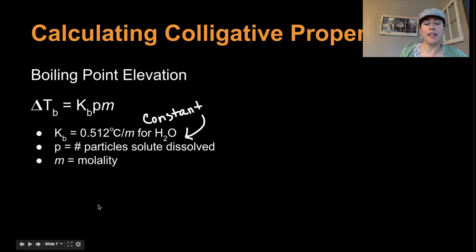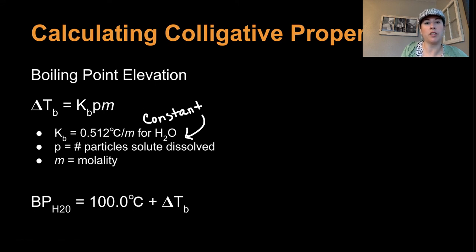And then molality, and so that's going to be our moles of solute per kilograms of solvent. And finally, that doesn't get us our new boiling point temperature, so we have to actually add that to 100 degrees Celsius in order to find out what the new boiling point would be. Okay, so this is how we're going to determine the new boiling point, or boiling temperature.